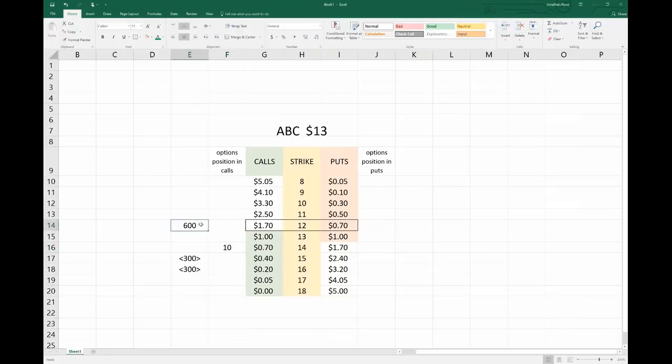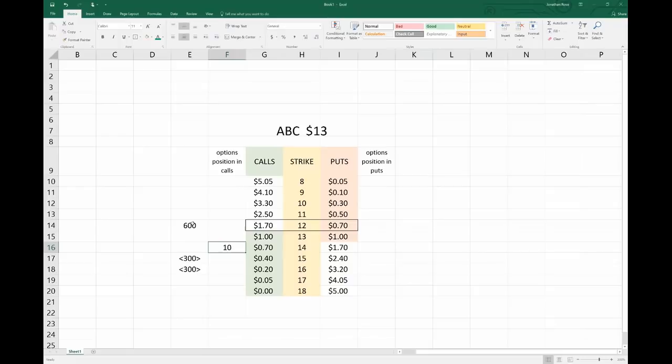Okay, so we understand why we bought those 600 back when it went offered. Think about it, we're no longer long 1,000 shares because we're no longer in the money on this 14 strike call. So as it goes down, we're not in the money. We're just naked short, just short ABC.